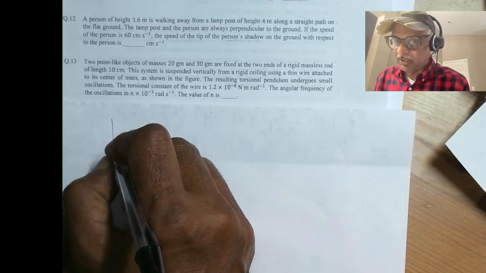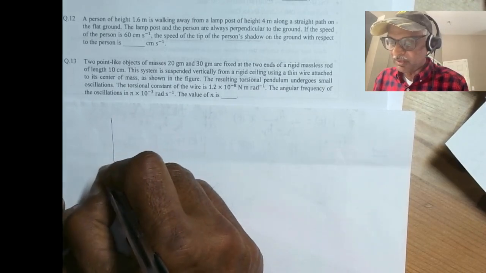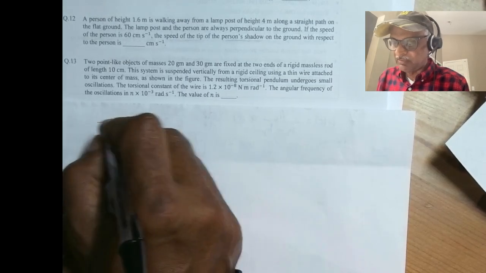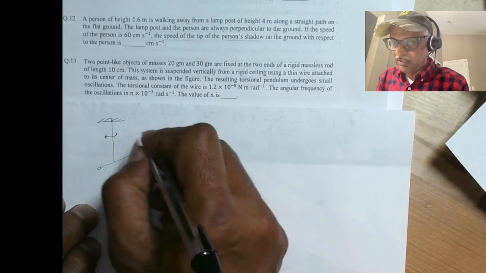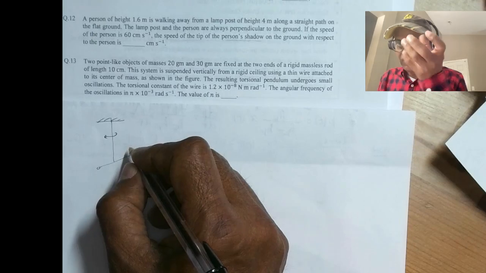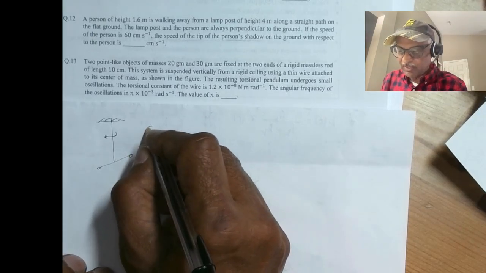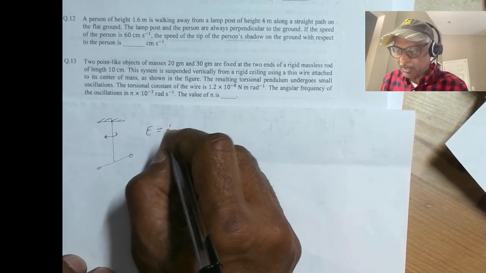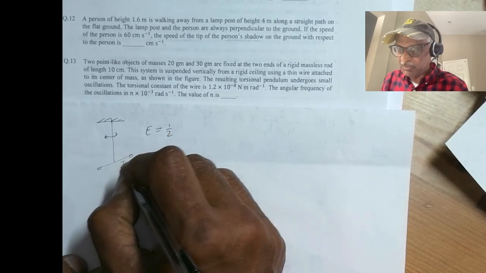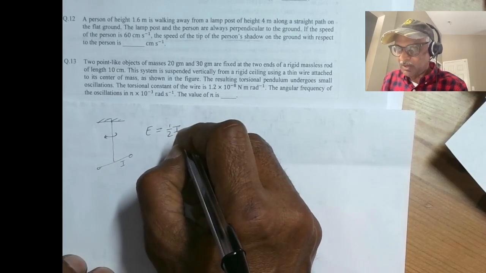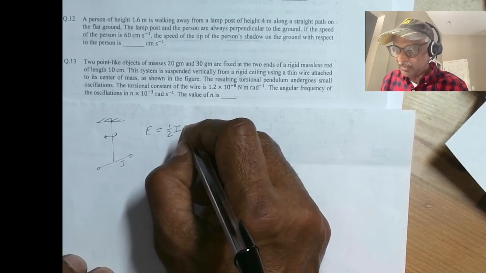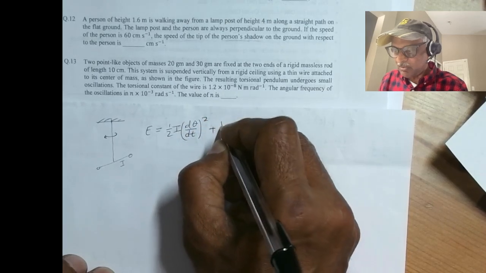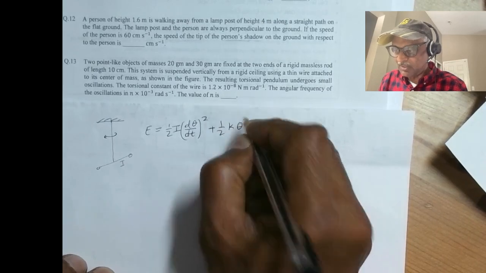If you have a torsion pendulum and this wire is twisted, but not twisted very much, the twist angle is theta, so the energy is half I, where I is the moment of inertia, times d theta dt squared, plus half kappa theta squared.